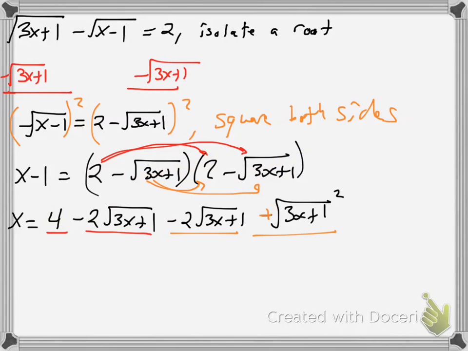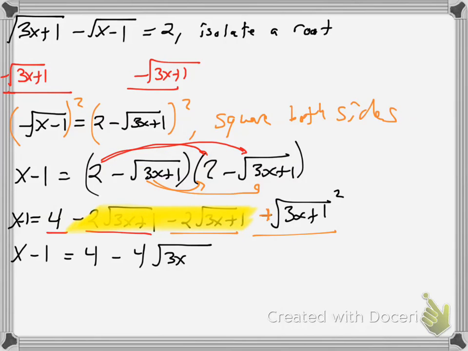Okay, so what we're going to do here is fix that x. This is now x minus 1. So x minus 1 equals 4 minus, and what I did is I combined my like terms here. These guys are like terms. And then the square root and the square undid each other, so those are gone.